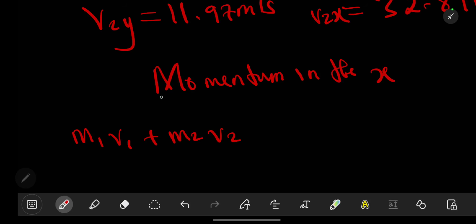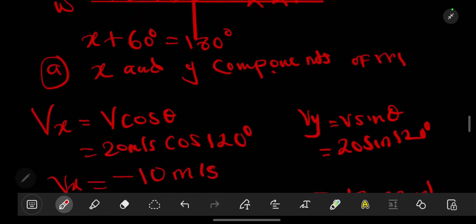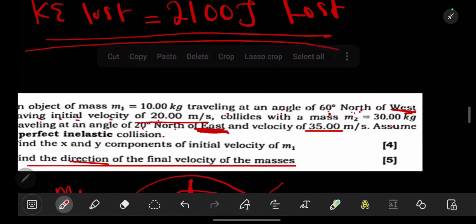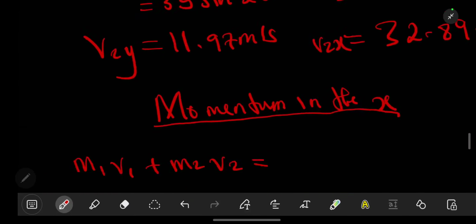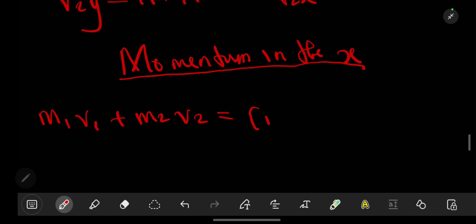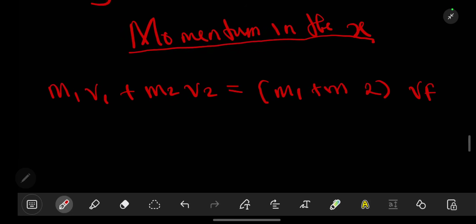Now I'm not putting x because the title is important. If you just put momentum in the x, it means you're dealing with the momentum in the x. So these, when they collide, remember they are perfectly inelastic, meaning to say they stick to each other. So we are going to say should be equal to M1 plus M2, then we are going to have V final like that.